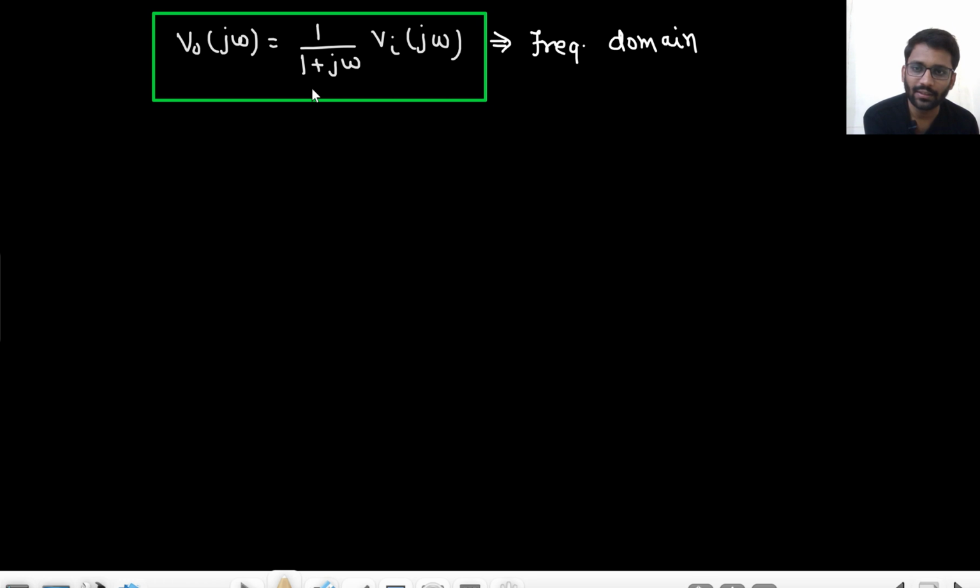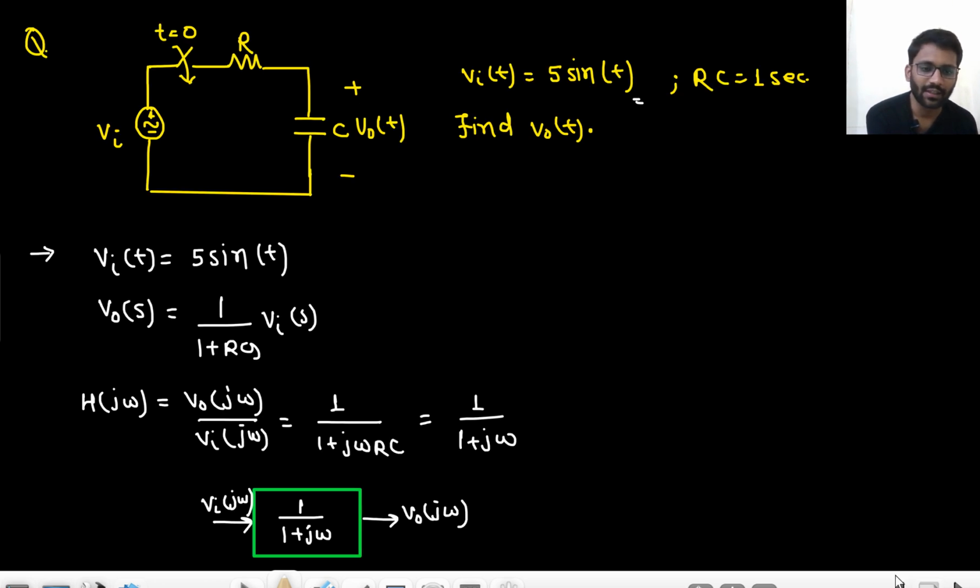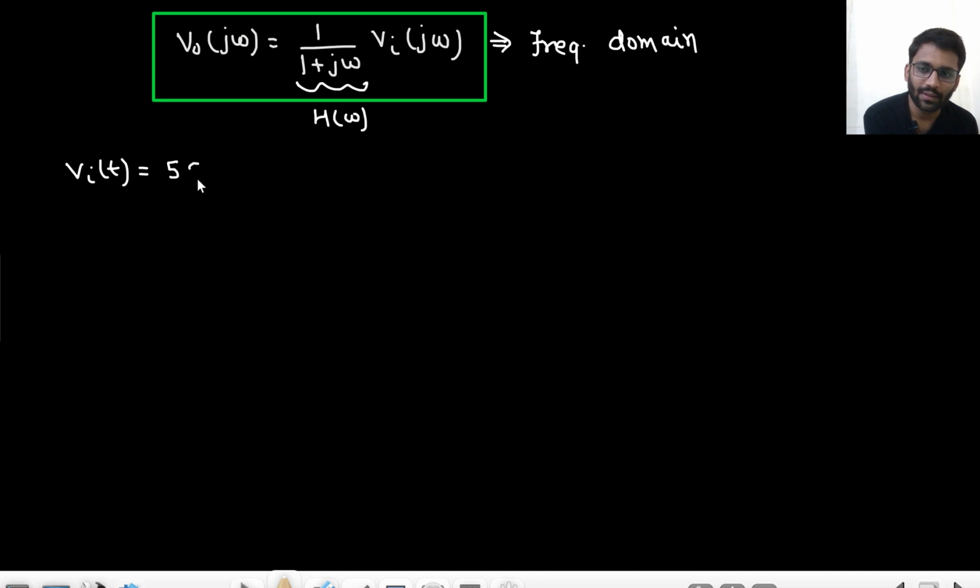First, you need to find this, your H of omega, or H of j omega, whatever you say. So, what is your v in t? V in t is 5 sin t. What is omega naught here? Omega naught is 1.